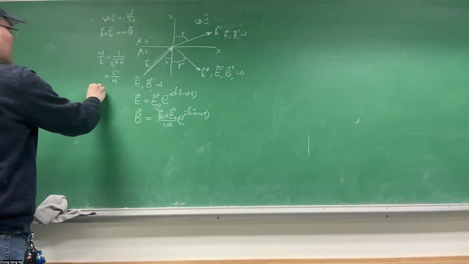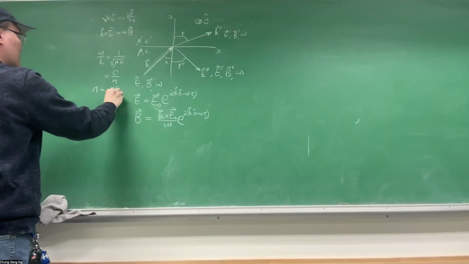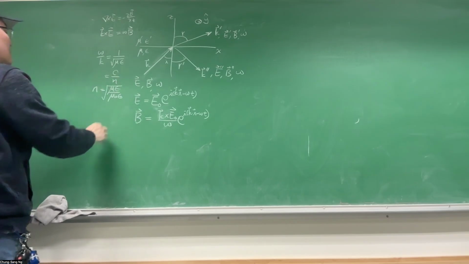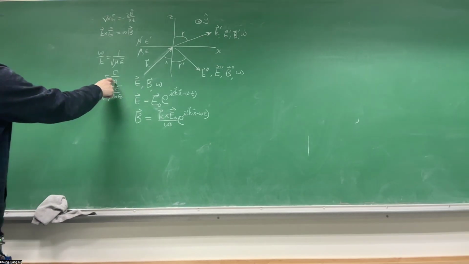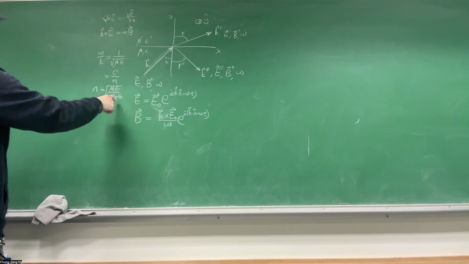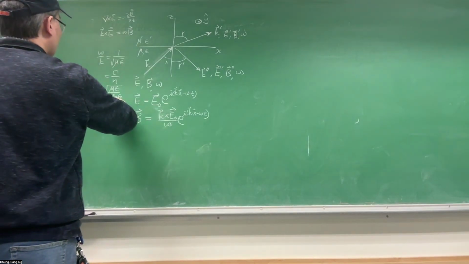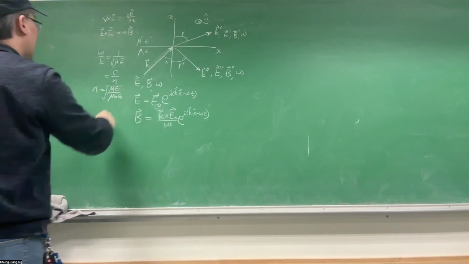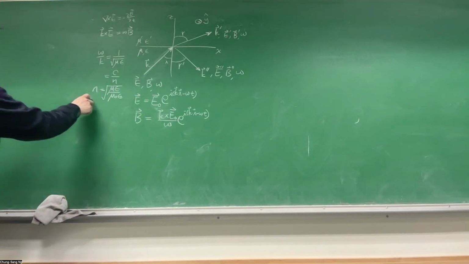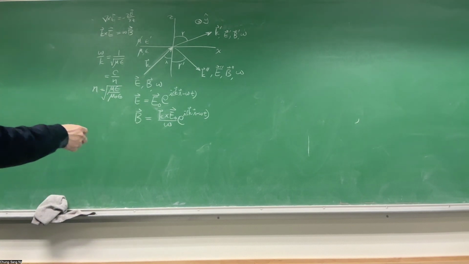So N is just defined as the square root of mu epsilon over mu 0 epsilon 0. Just put N on the other side, divided by this. When I multiply epsilon mu here, it is N. Later on we'll use that, but for now it doesn't matter.